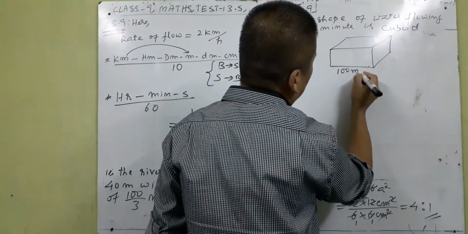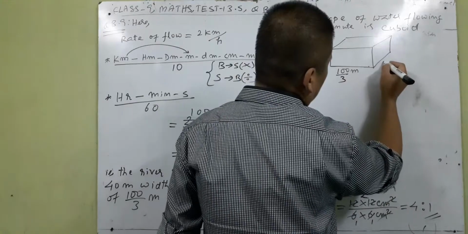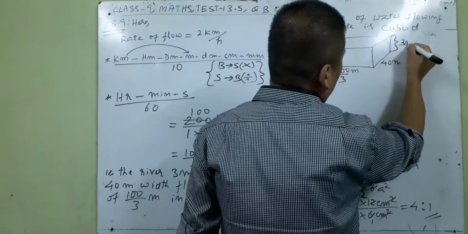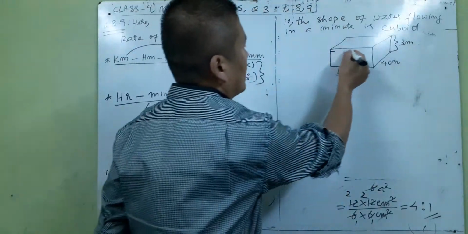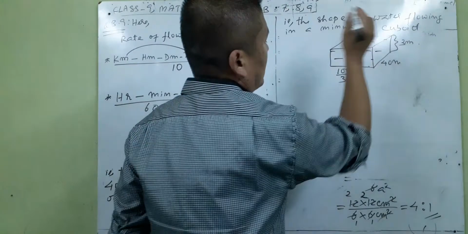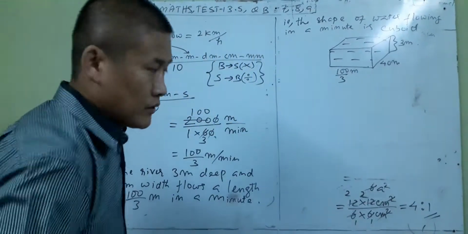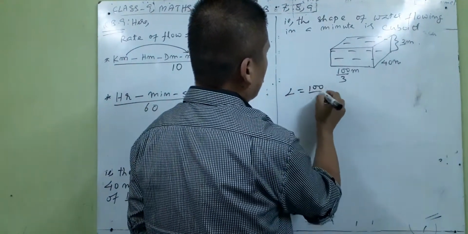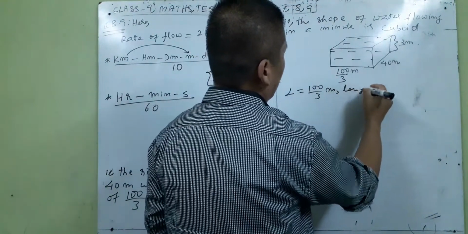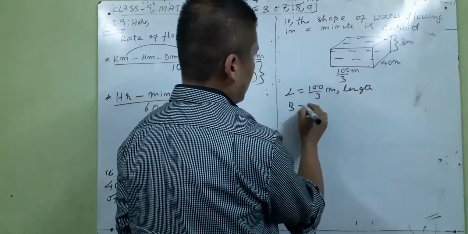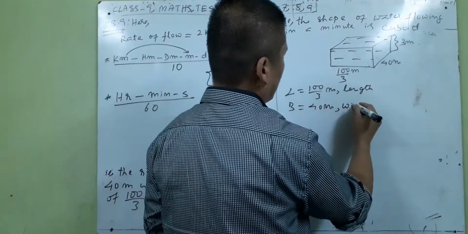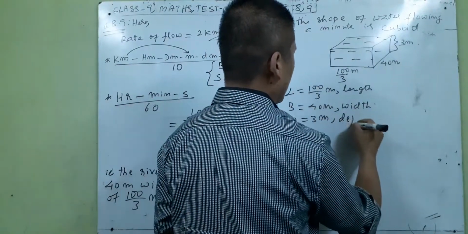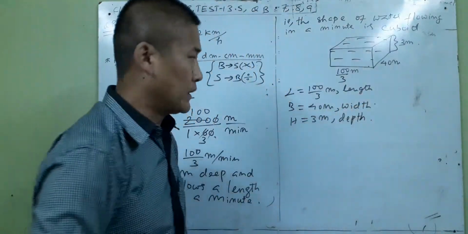A distance of 100 by 3 meter, and width 40 meter, and the depth is 3 meter. So this is the shape of the water that is flowing in 1 minute in the river, right? So we can write here, now it's simply cuboid, so L equal to 100 by 3 meter, the length, then B equal to 40 meter, the width, and H equal to 3 meter, the depth of the river water flowing in 1 minute.